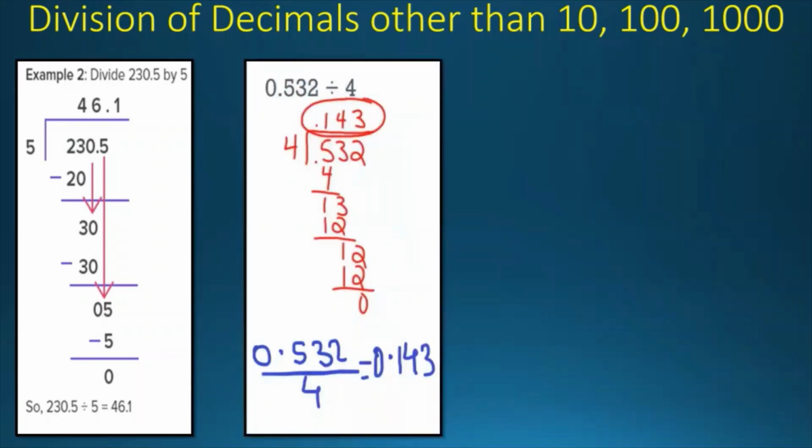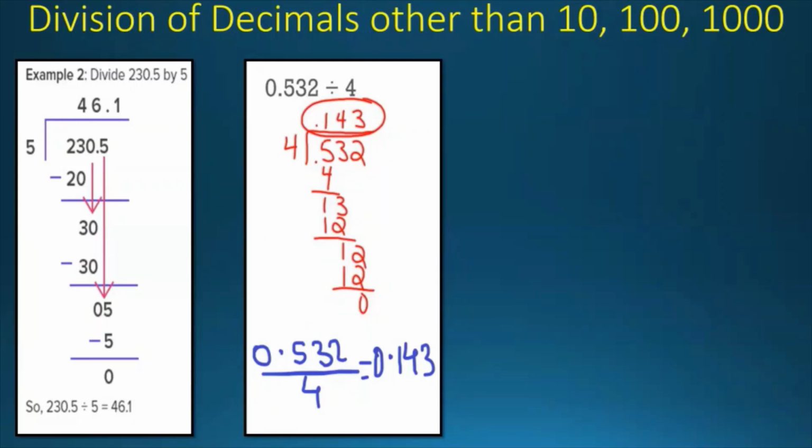And now 0.532 divided by 4. Here, the 4 is already a whole number.